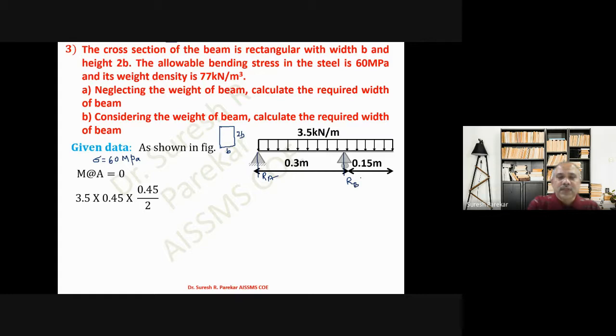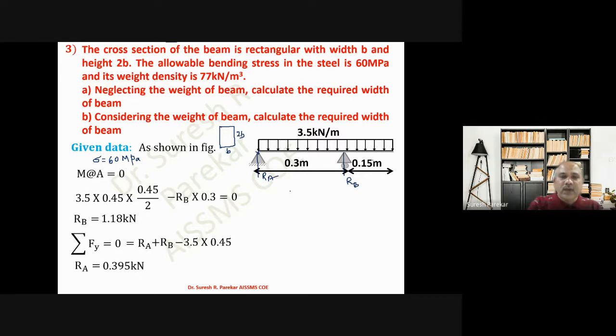So we have 3.5 into 0.45 into 0.45 by 2. So we are taking moment about A. So total distance we have 0.45 minus RB into 0.3, and we will get value of RB 1.18 kilonewton. Sum of Fy is 0. So we will get RA plus RB minus 3.5 into 0.45, RA 0.395 kilonewton.